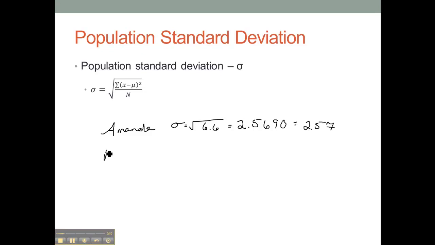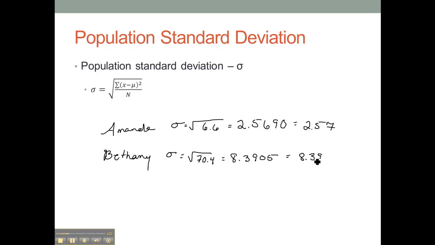And for Bethany, not so good. Her sigma is the square root of 70.4, and that comes out to 8.3905. So we could just say 8.39.